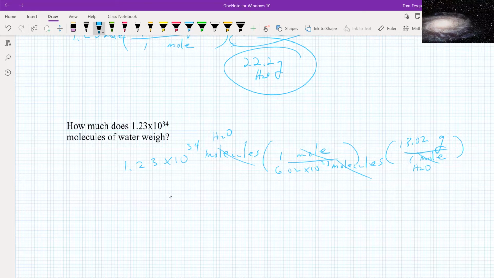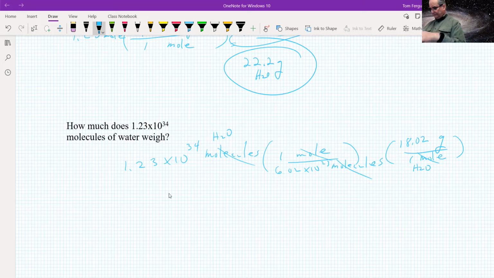If we have a number, I want you to try to associate that with a given molecule. Because in a little while, we're going to go from one molecule to another molecule, and you need to make sure that the grams per mole are properly associated. Okay, so everything cancels except for grams, which we're trying to calculate.